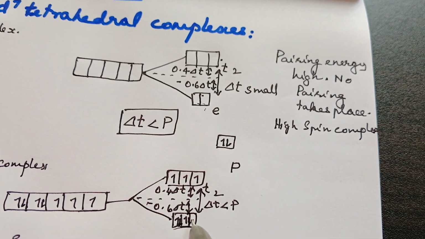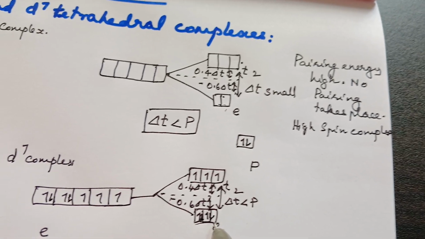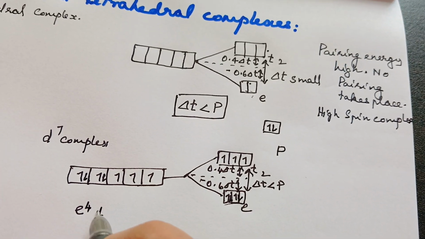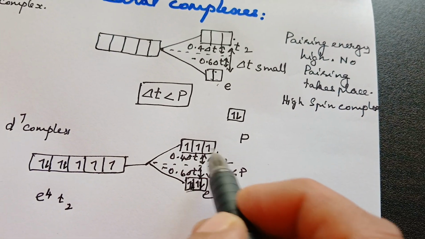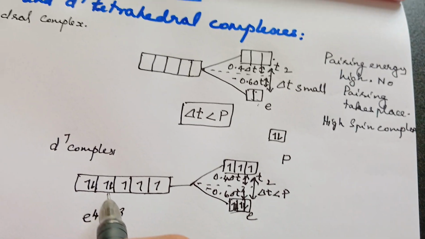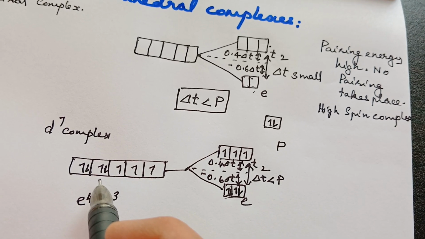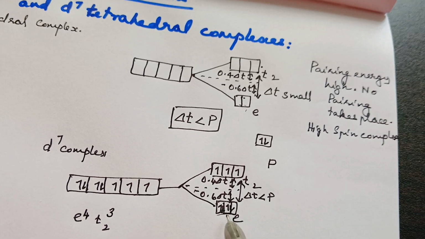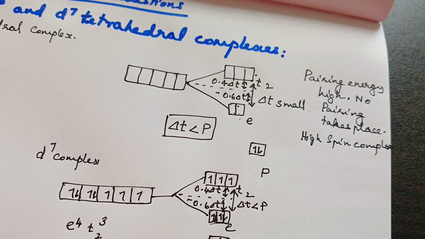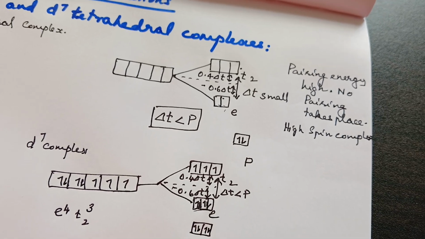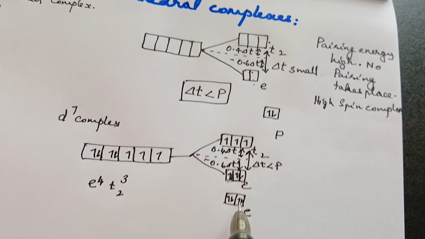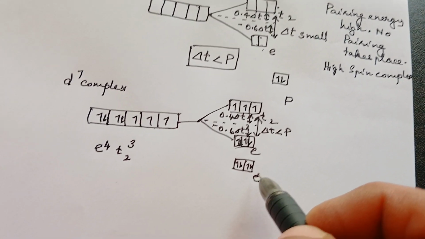So there are 4 electrons now in the E set, so E4, and T2 has 1, 2 and 3 electrons, T2 3. But here you can see that these electrons themselves are paired. Here also the orbitals are paired like this. There is no difference between this and this, so there is no pairing energy involved here also.